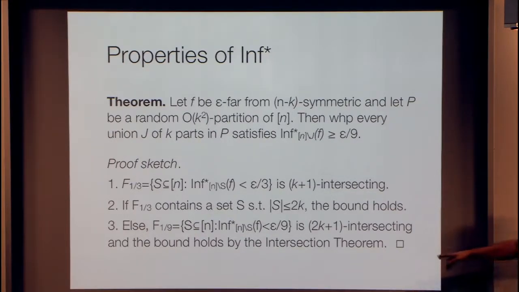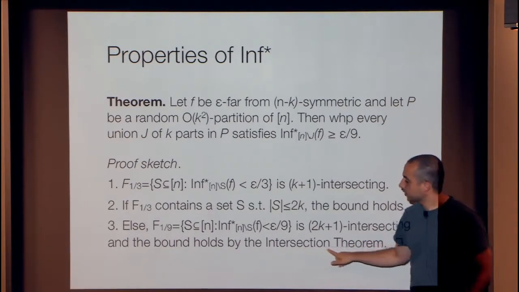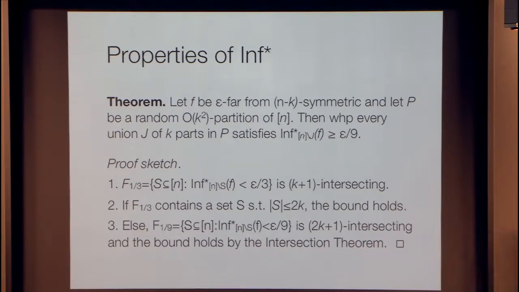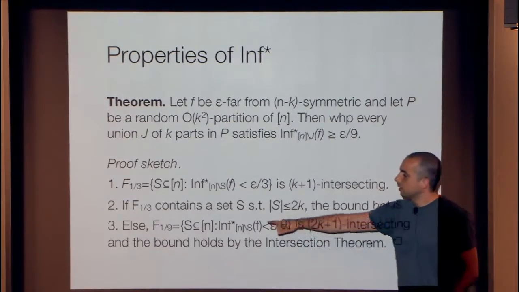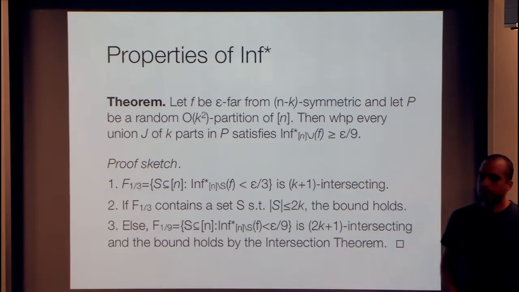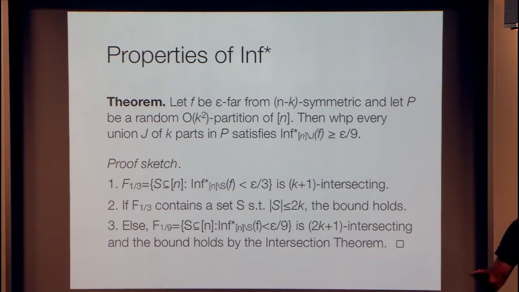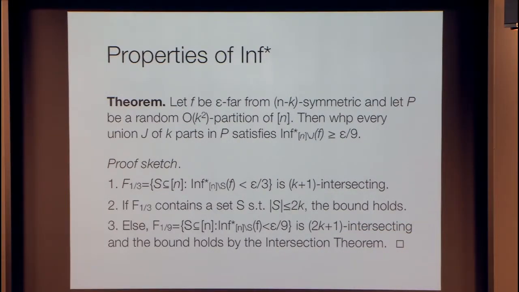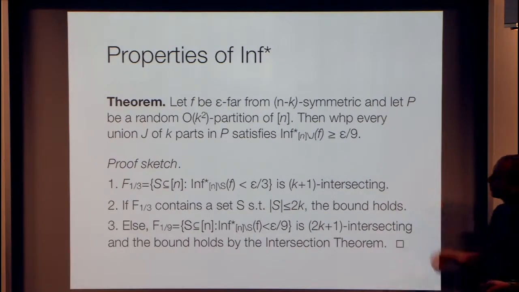The reason I want to do this is because now I'm going to bring in the intersection theorem, originally of Ahlswede and Khachatrian, but we're going to use the Dinur and Safra version, which says that if you pick a random set with some p bias, the probability that you end up in this family is going to be extremely small, p to the intersection size. So let me just quickly show you why these should be true, and then this will give you the proof.